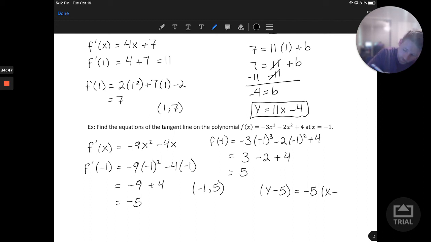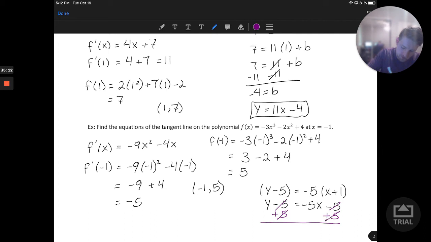Since x is -1, we would have a plus 1 here. I can distribute the -5, and then we'll add 5 on both sides to balance that equation out, and we end up getting our final equation. That will be y is equal to negative 5x. And this will be our final tangent line equation.